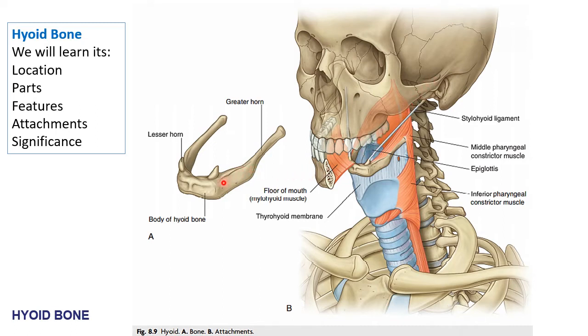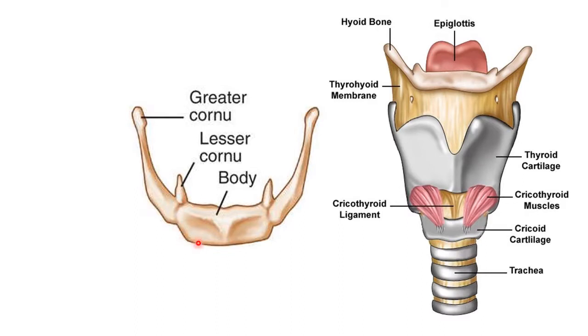The hyoid bone has a body, a pair of lesser horns or lesser cornua, and a pair of greater horns or greater cornua. Now we will discuss the body of the hyoid bone.